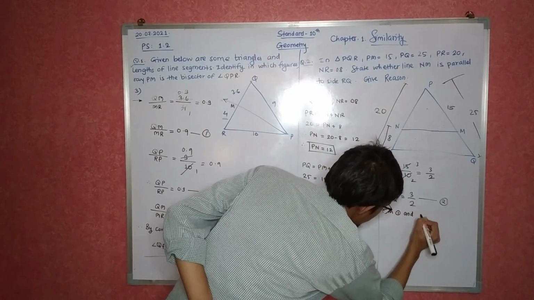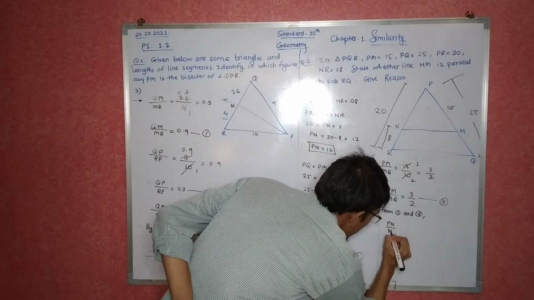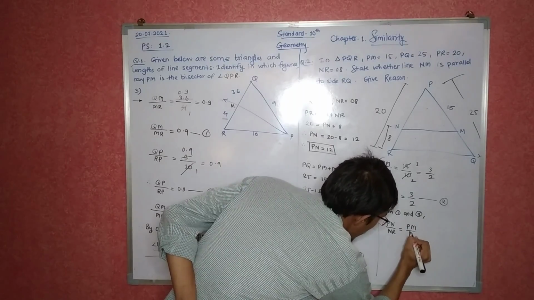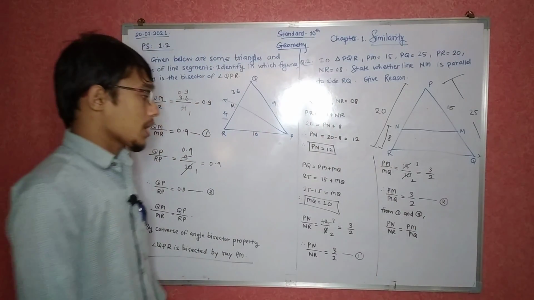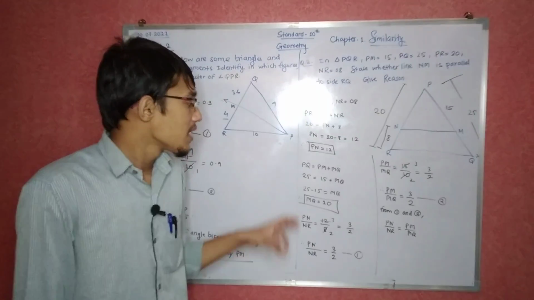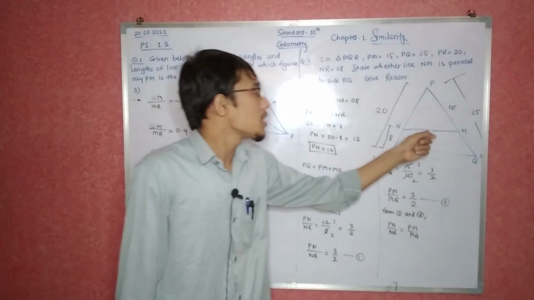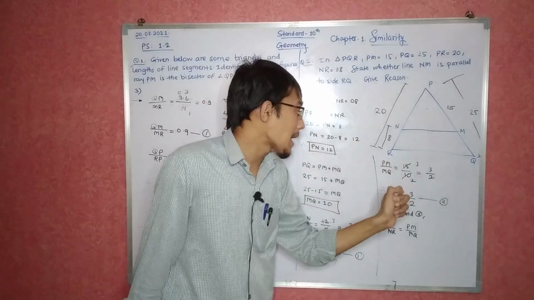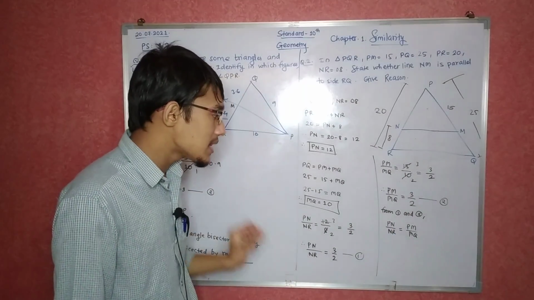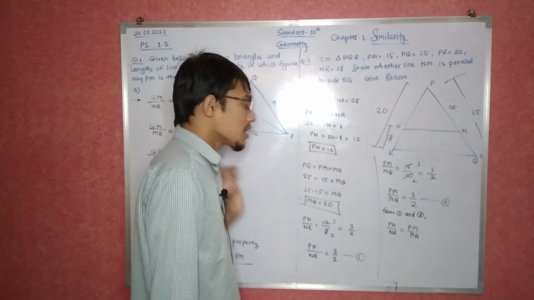Now as the ratio of the sides is equal, that means the line NM must be parallel to the side RQ. And how can we say that? It is from the converse of the basic proportionality theorem.